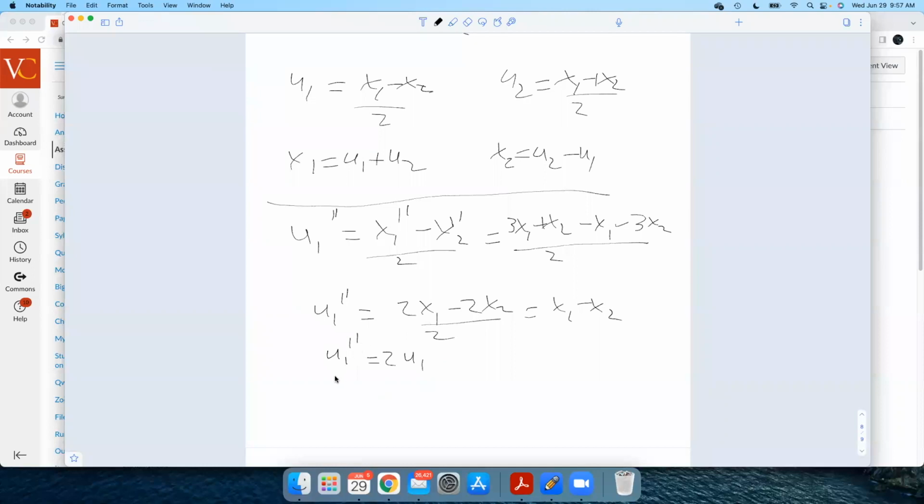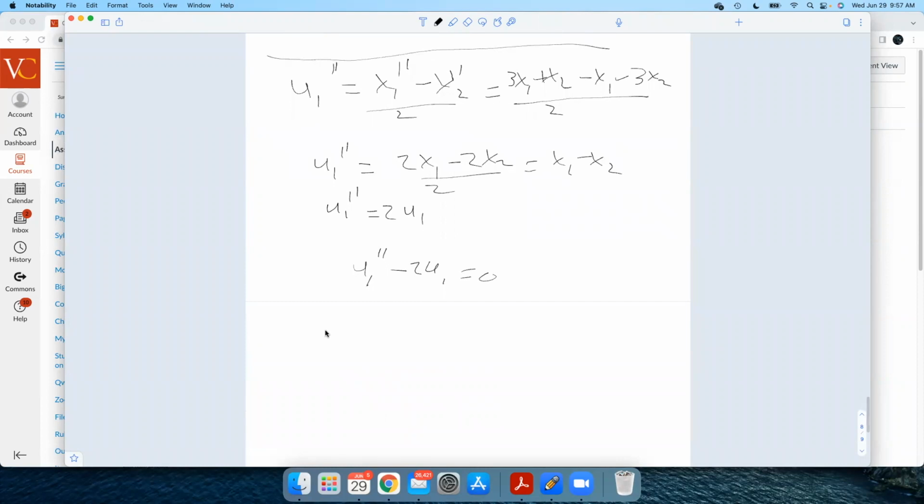I know how to solve that. Like that is the DE u1 double prime minus 2u1 equals 0. It's a second order linear homogeneous with constant coefficients. And we assume u1 is e to the lambda t. u1 double prime will be lambda squared, e to the lambda t.